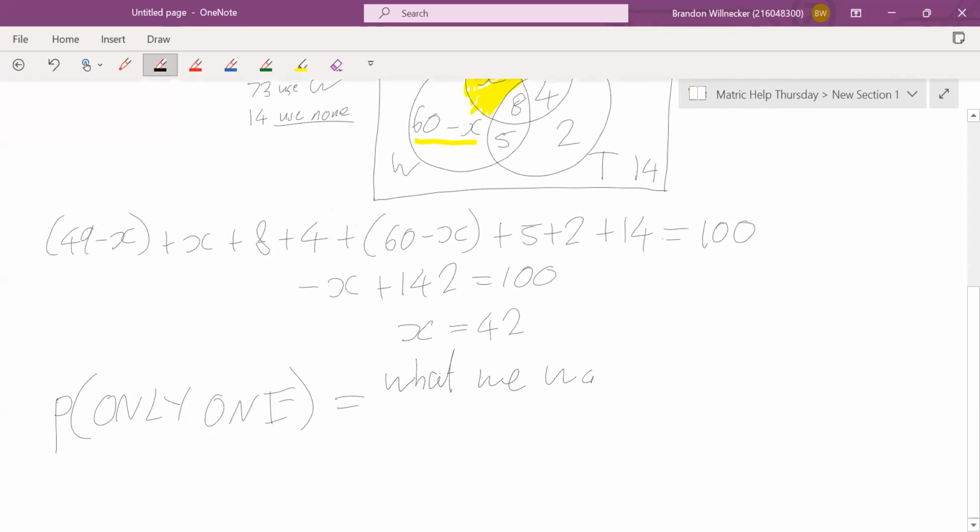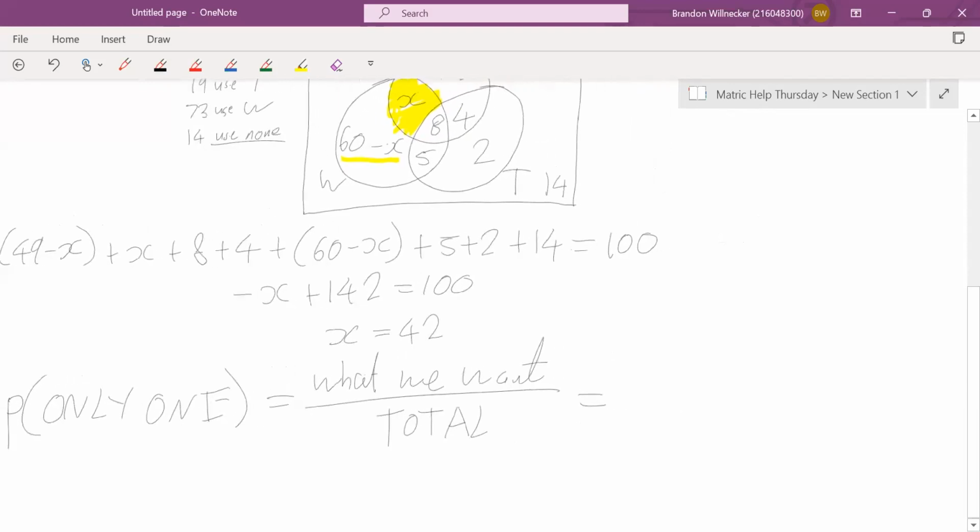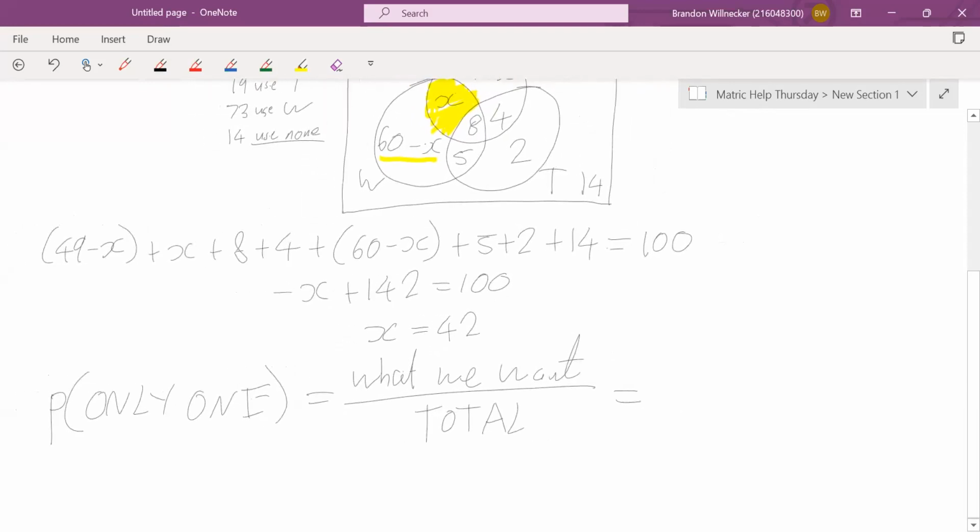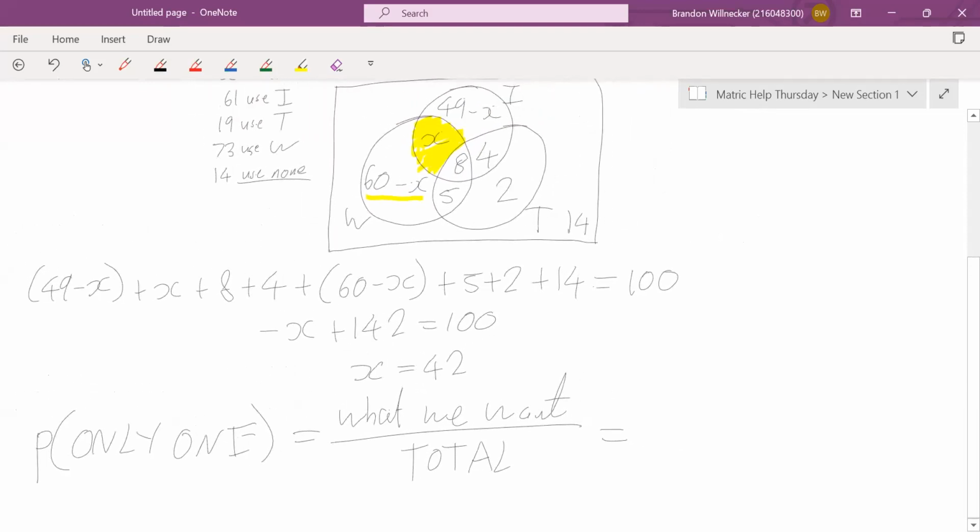It's what we want divided by the total. And that will give us the probability of what we want. So the probability of only one. So that means only WhatsApp, or only Instagram, or only Twitter. Now I've used a bunch of ors there, so that means addition.